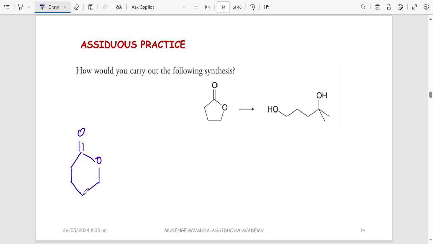The Grignard? Mm-hmm. Okay, can you give me the structure of the Grignard that you're going to use? How many carbons should be there?